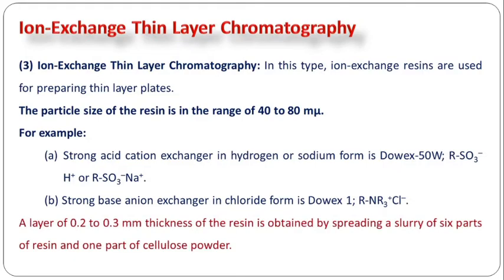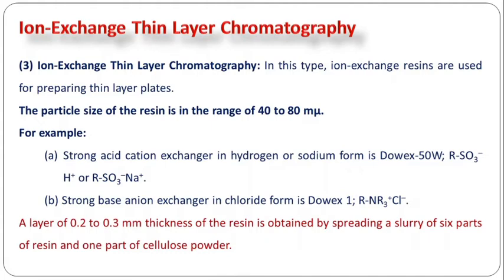A layer of 0.2 to 0.3 mm thickness of the resin is obtained by spreading a slurry of 6 parts of the resin and 1 part of cellulose powder. For that purpose we have to make a slurry, a 6:1 portion of resin plus cellulose.